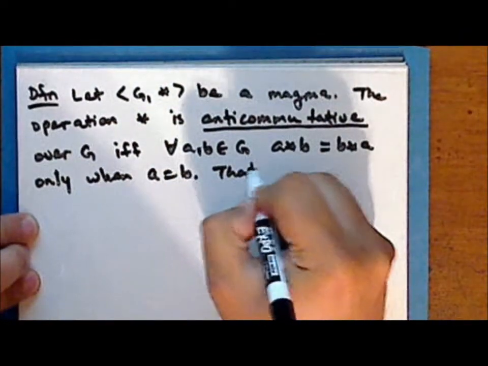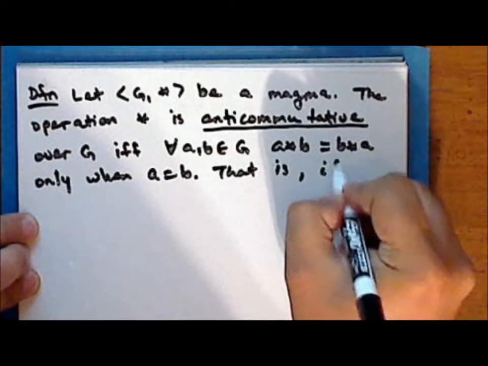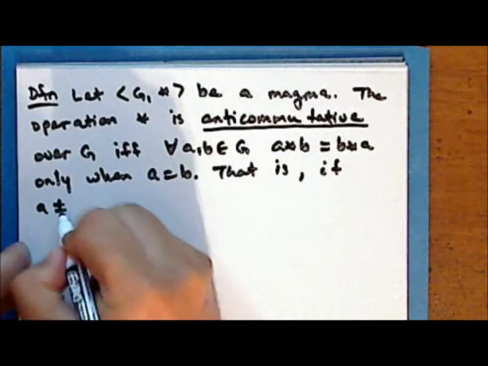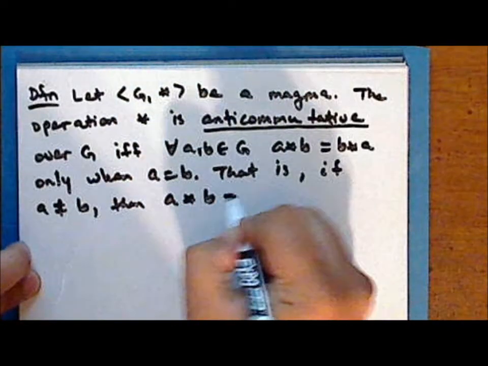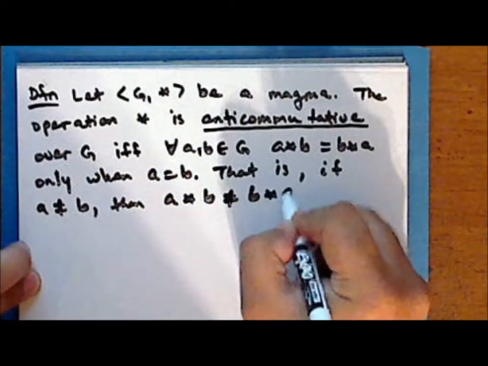That is, if A is not equal to B, then A star B is never equal to B star A.